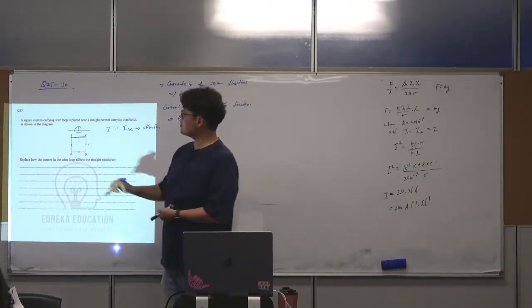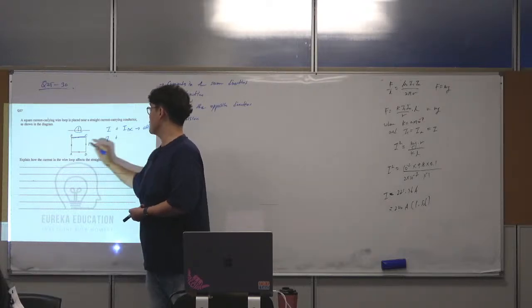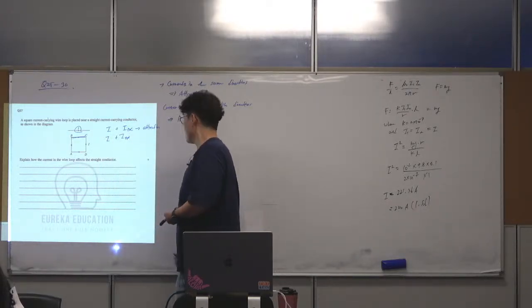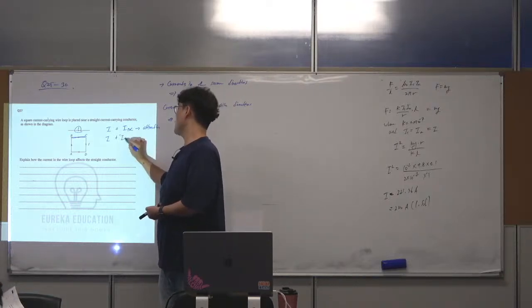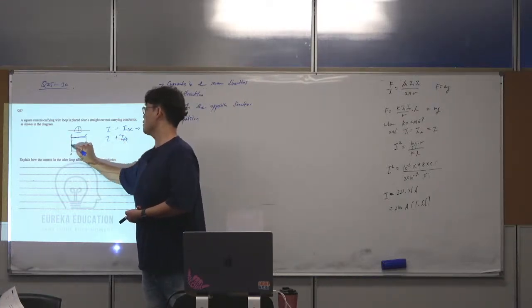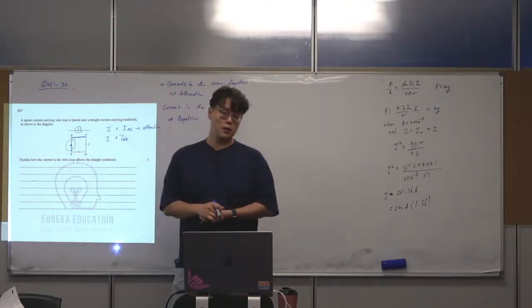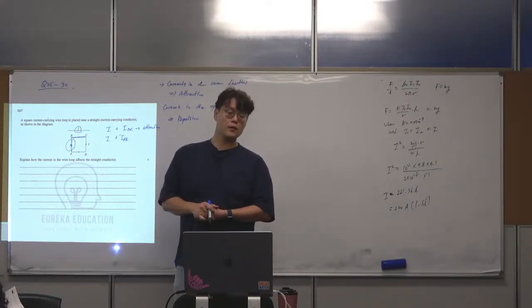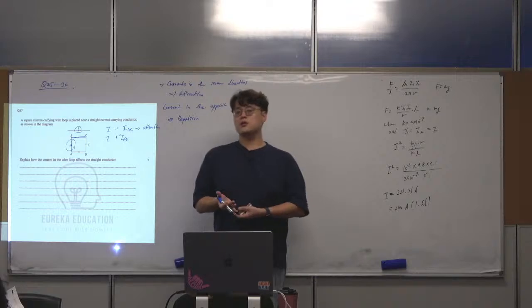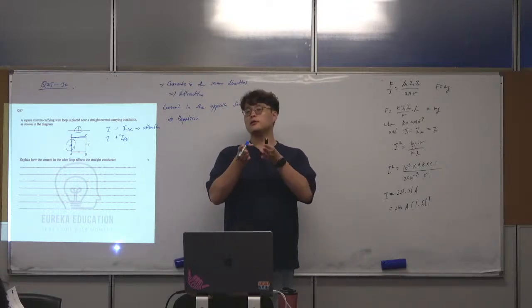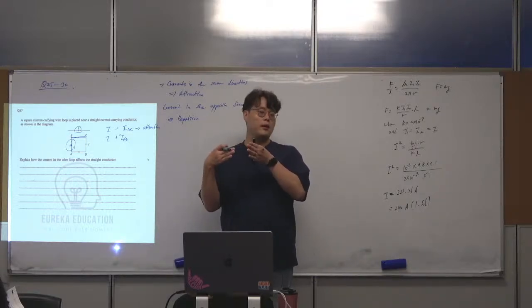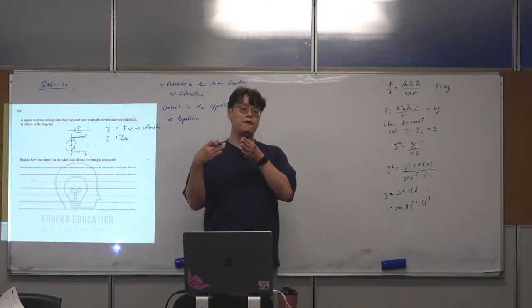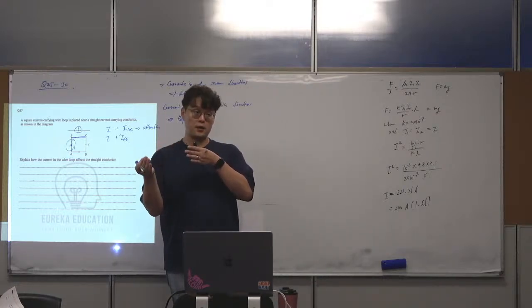Now, should we consider the current I2 in AB, moving from B to A? I'm talking about this current here. Should we consider that? Why do you think we only consider the parallel, not the perpendicular? This is related to F equals BIL sine theta as well.